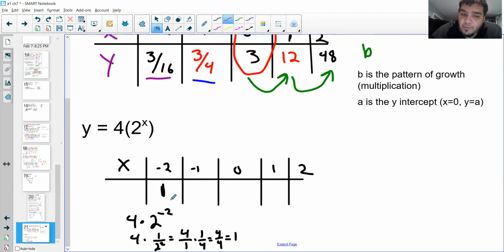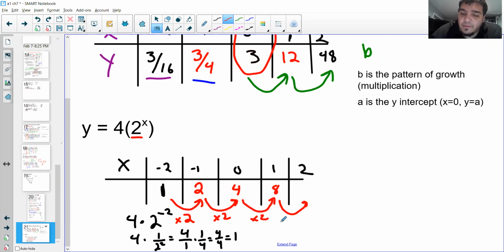So if you start at 1 here, the next step, if the pattern's true, or B is 2, then we're going to multiply it by 2. So our next one is 2. And then we could just repeat it. The next one times 2 is 4. The next one times 2 is 8.